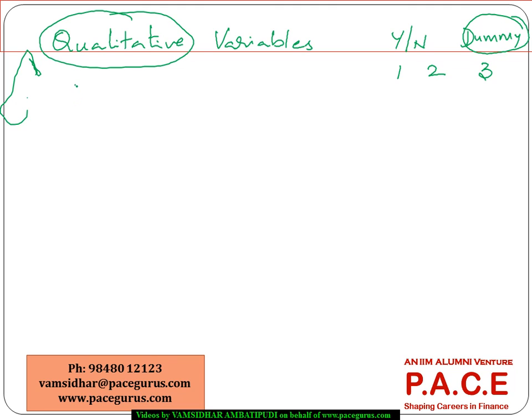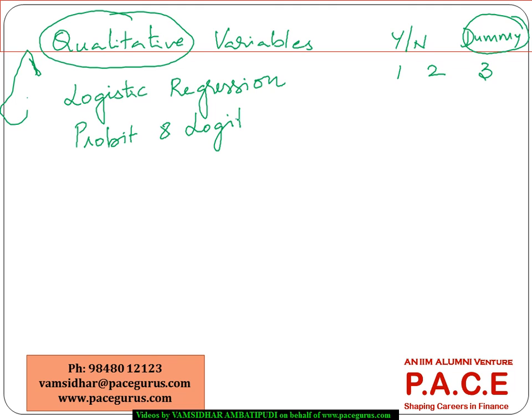We call it a logistic regression model, or sometimes we even use the terms like probit and logit models. All these kinds of models are applicable if my dependent variable is a qualitative variable.